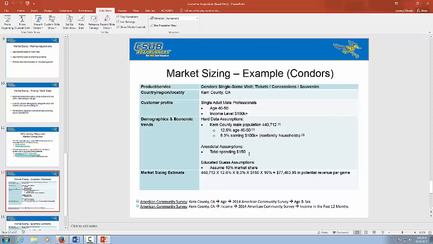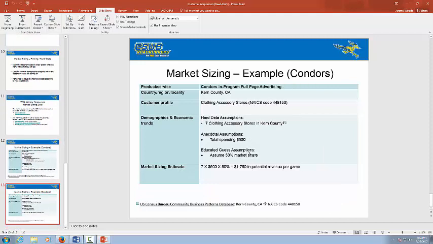So I just gave you guys an example of consumer market sizing. For those of you who are targeting businesses as your customers instead of consumers, this is what a business-to-business market sizing would look like. So instead of looking at individual game tickets or sales to Condors games, we could look at in-program advertising for advertisers as the product or service.